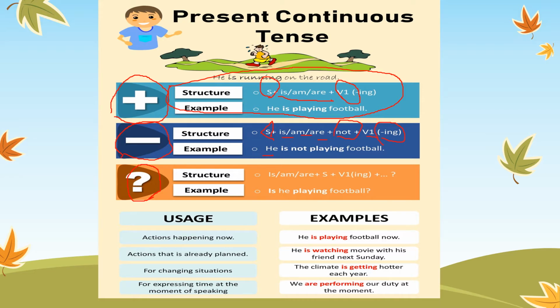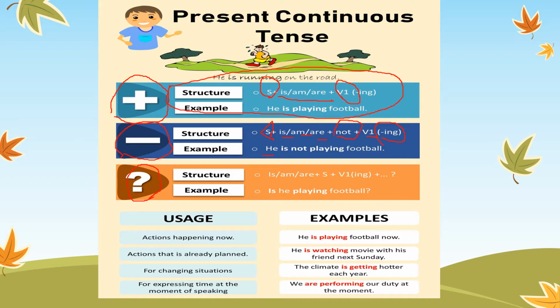Let us take a look at this one. Subject he, verb be is, and because it is negative, we put the word not, then the verb play plus ing, playing football. He is not playing football. I hope you remember this because we have been doing this for the past 2 weeks.